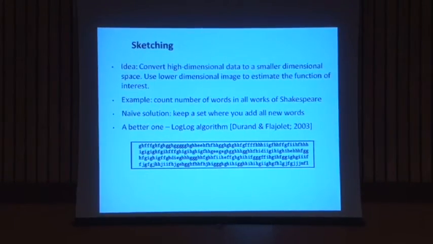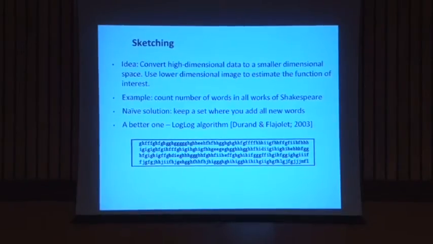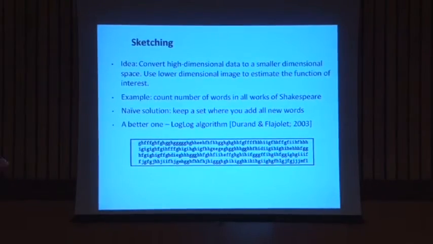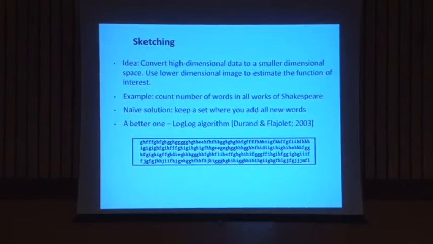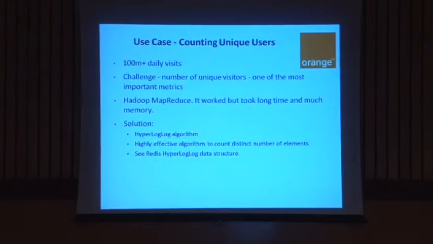So, using this algorithm, you can create the sketch of the data, which looks like this, which basically represents all the words. You can estimate the sketch to calculate the number of all the words in all the books of the Shakespeare. And it doesn't really look very convincing, but I will tell you exactly how this algorithm works, so it will be much easier to understand.